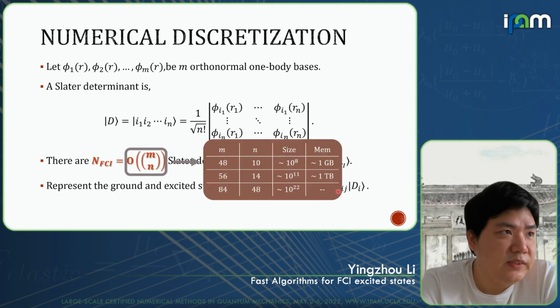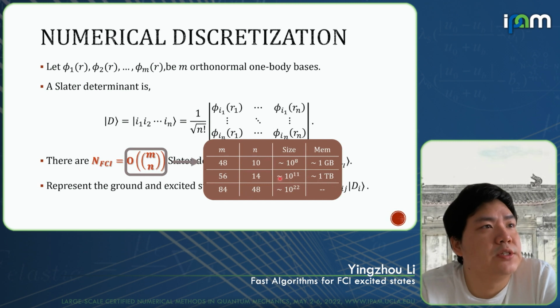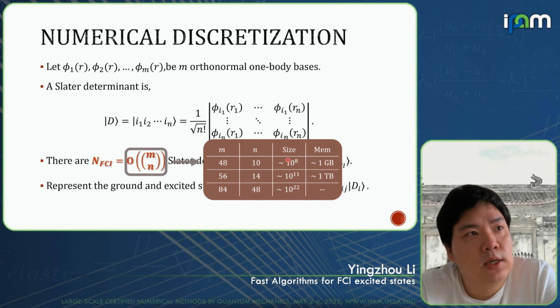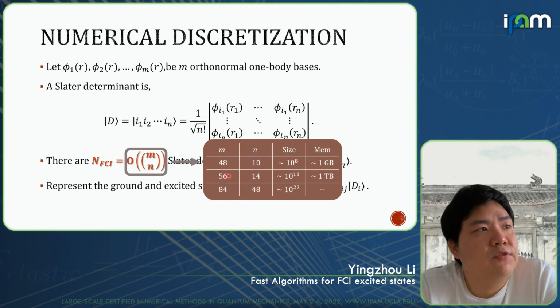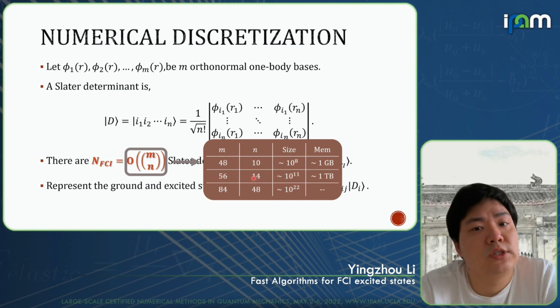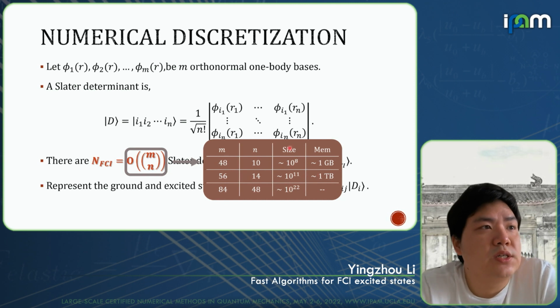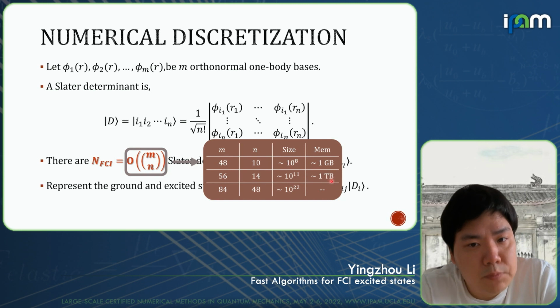And how difficult is this problem? If m is 48 and n is 10, then the problem size is about 10 to the 8, and the memory cost for a single vector will be 1 GB. But if we increase it a little bit, let's say we have 56 orbitals and 14 electrons, 14 being something like the nitrogen dimer or carbon dimer, then the size will be 10 to the 11, and the memory cost will be 10 terabytes.